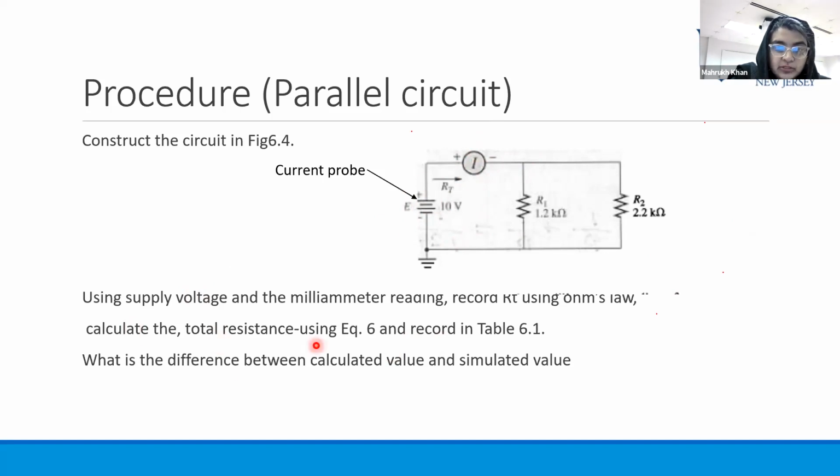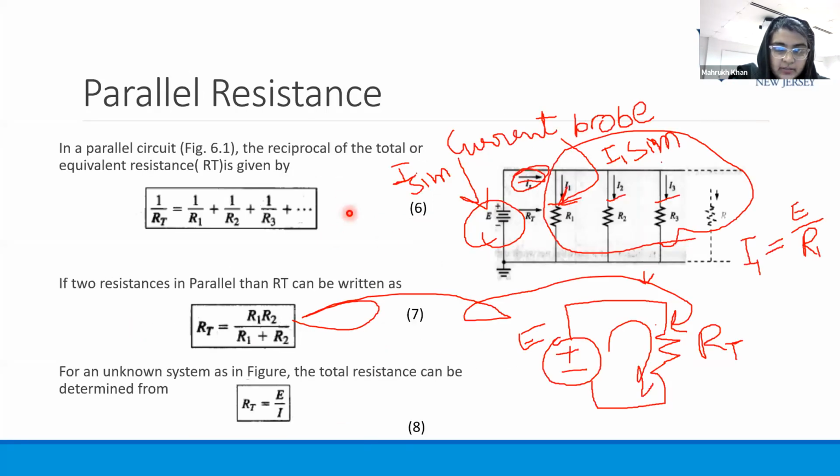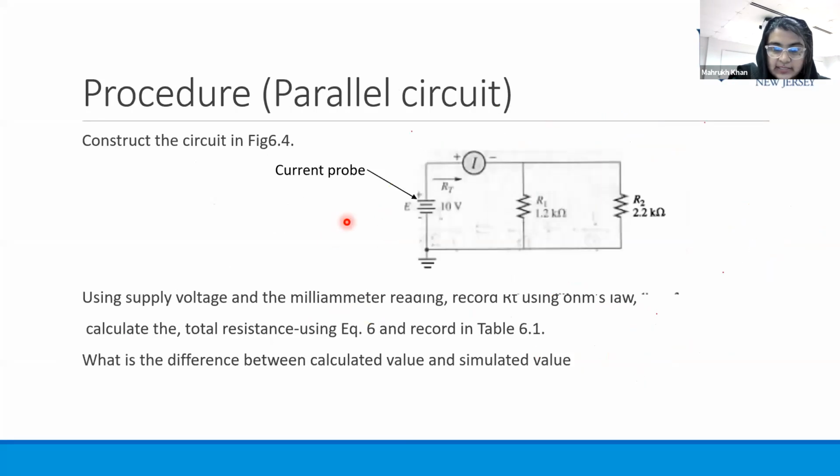Then calculate the total resistance using equation 6. Equation 6 is this one, and record it in table 6.1. Let me check what table 6.1 is. In table 6.1, you have total resistance, R ohm meter. You can cross out R ohm meter because you don't have an ohm meter to do that. The percentage difference here is between the simulated value and the calculated value.